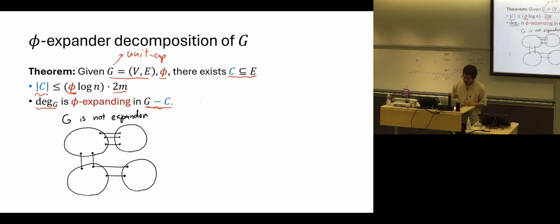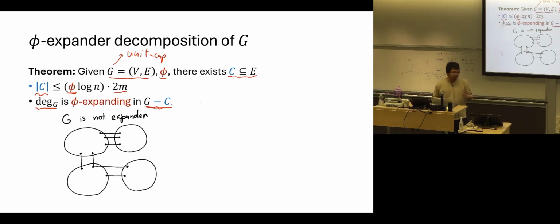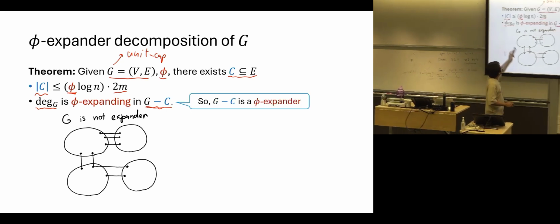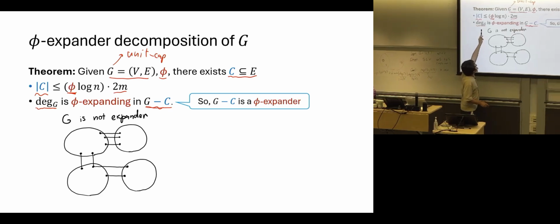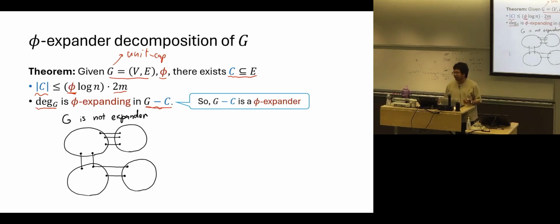Okay. So let's try to parse this by looking at the picture. I start with some graph G that is not an expander. I have parameter phi. By the way, if the degree of G is phi expanding in G minus C, it means that G minus C is a phi expander.